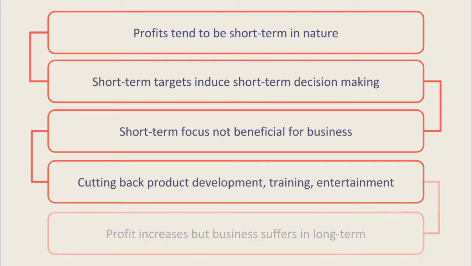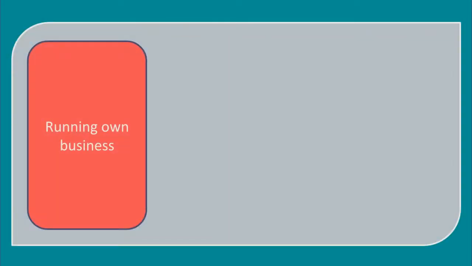All this may increase profits in the short term, but goes a long way to destroying the business entirely. I could go on, and I will do later on in the course, but hopefully that's enough food for thought for now.